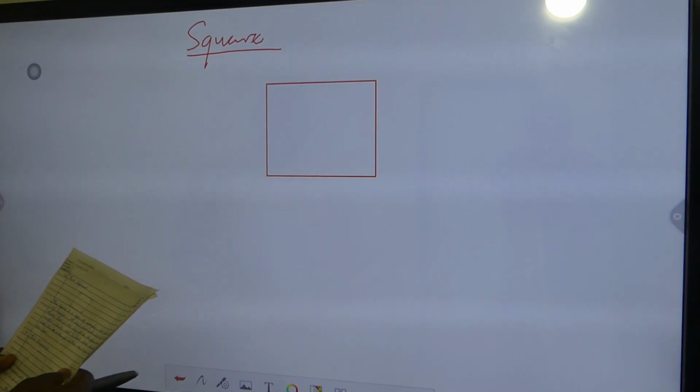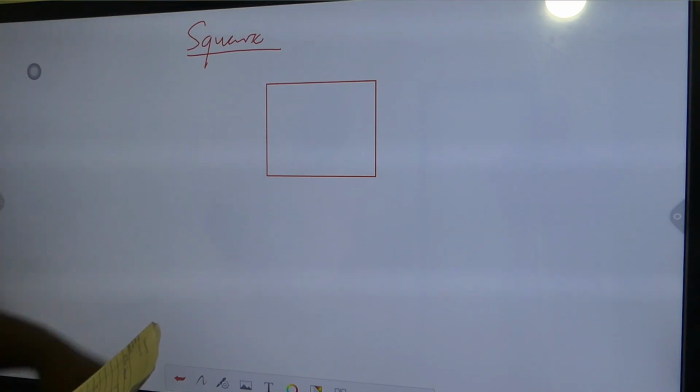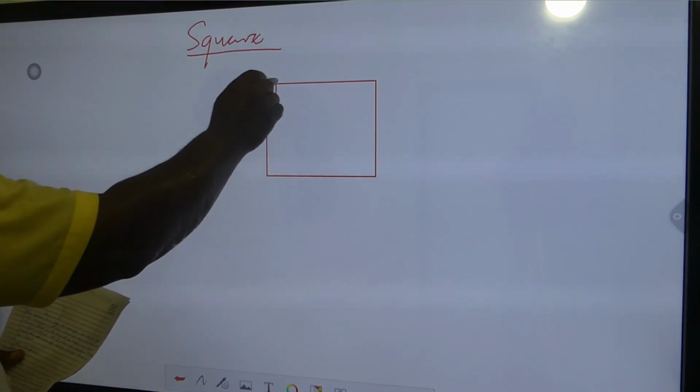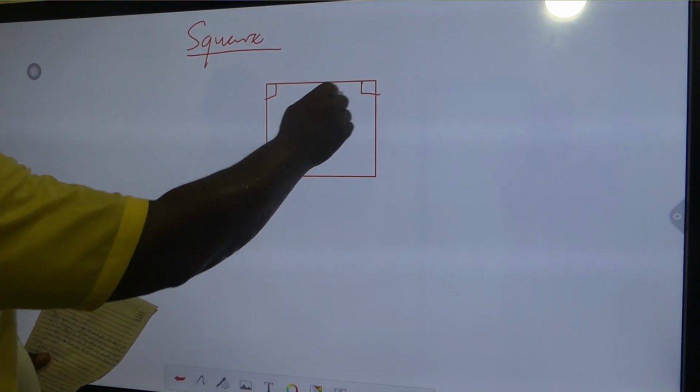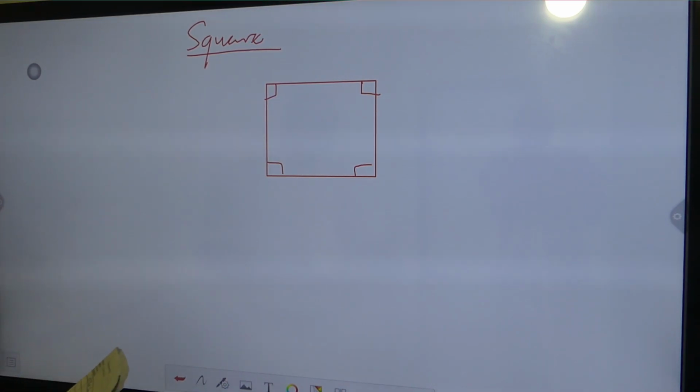The square is a type of rectangle, but it's also a type of rhombus. It's a type of rectangle and also a type of rhombus. It has characteristics of both rectangles and rhombus.